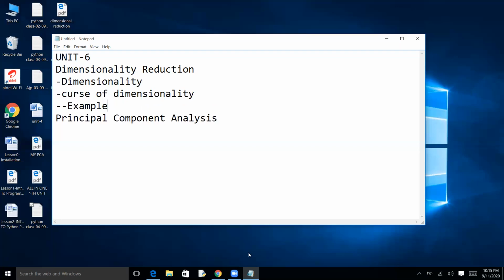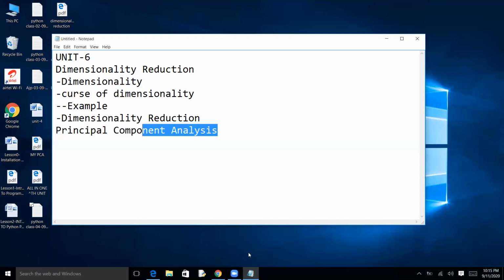After knowing that example, we are going to discuss dimensionality reduction. This is the concept that we are going to discuss today.